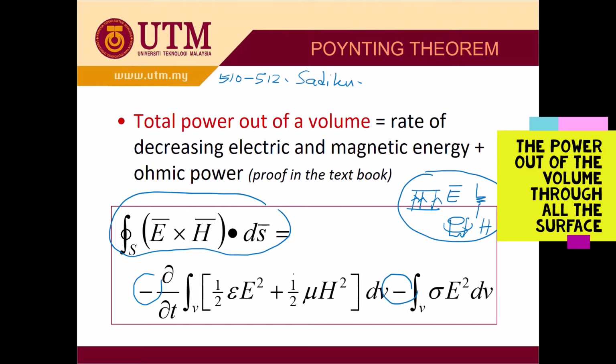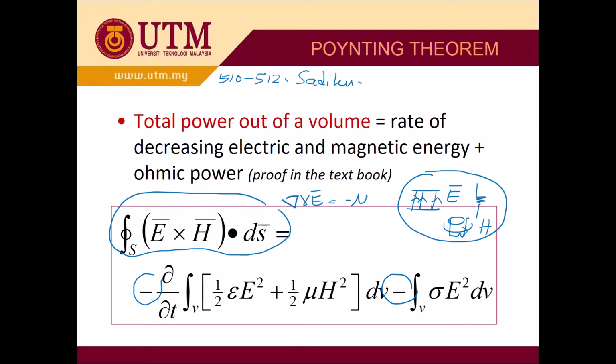So how to derive this? You have to refer to pages 510 to 511. Here, we begin with the two Maxwell equations: curl E is equal to negative mu del H over del t, and curl H is equal to sigma E, the conduction current density, plus epsilon del E over del t, the displacement current density that we saw previously.